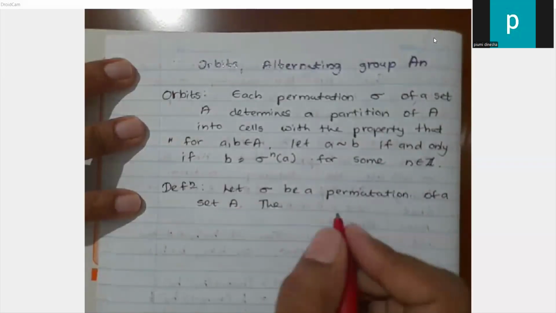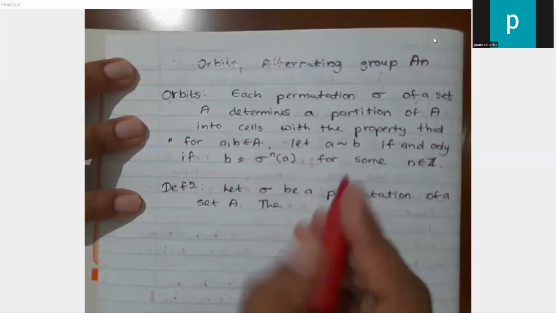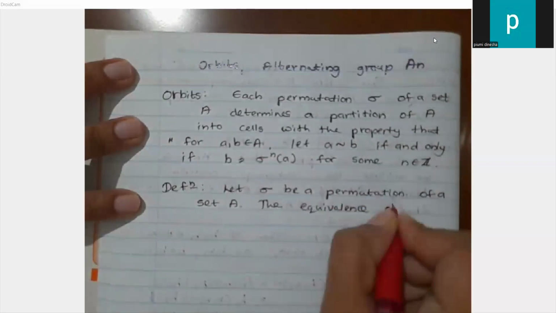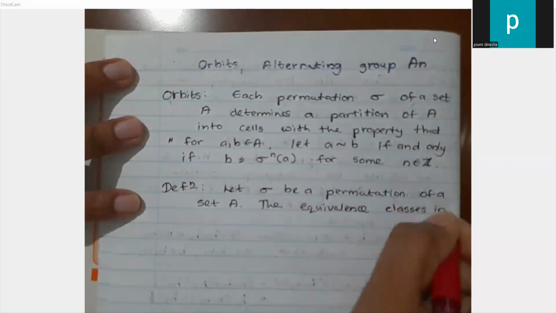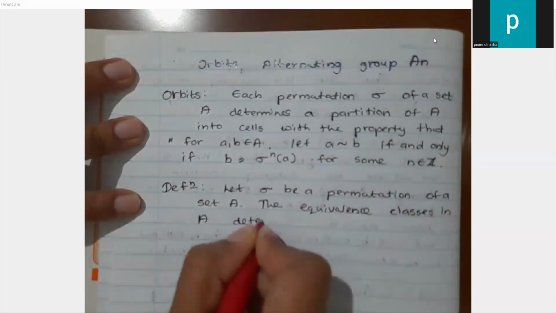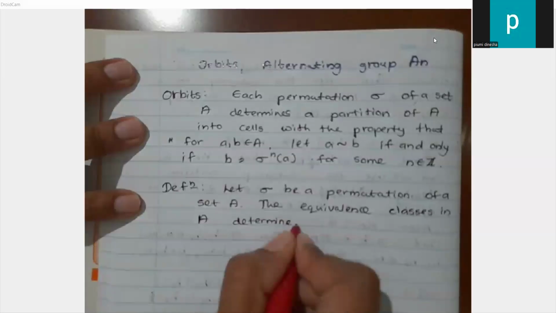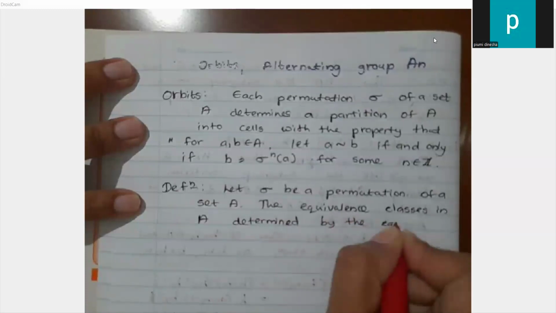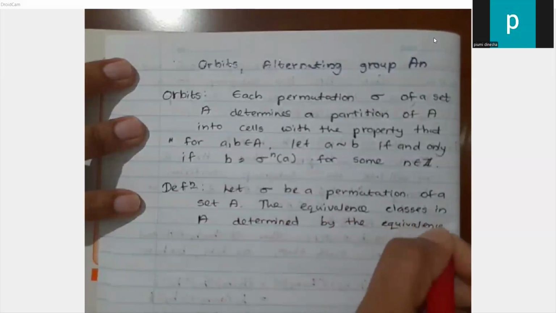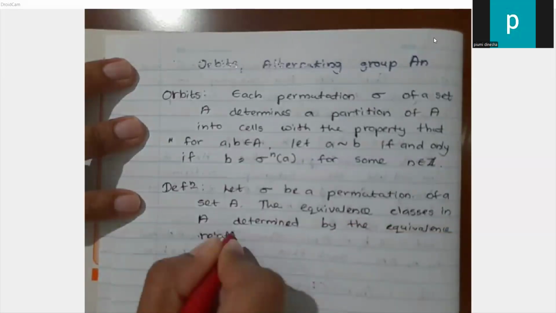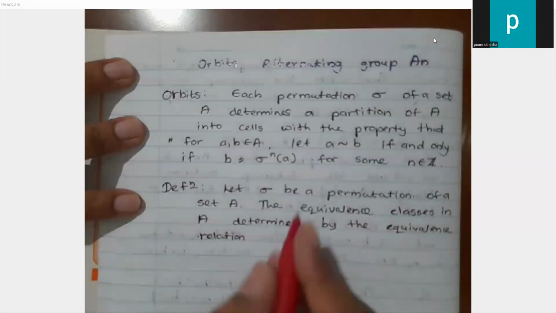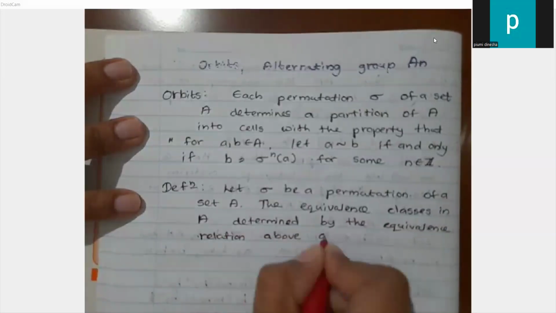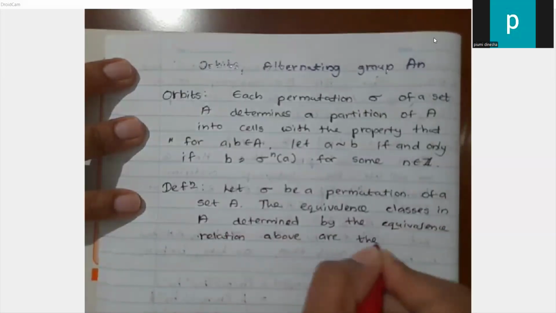So the equivalence classes in A determined by the equivalence relation given over here are the orbits of sigma.